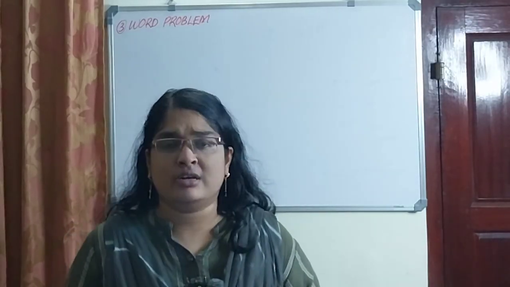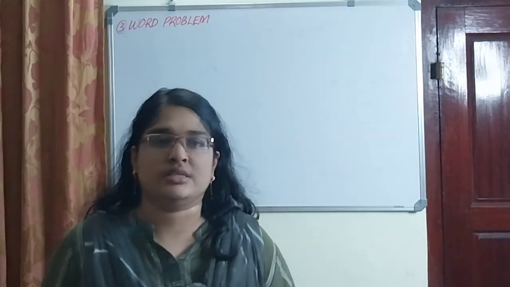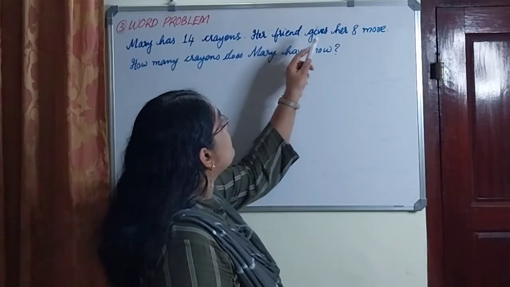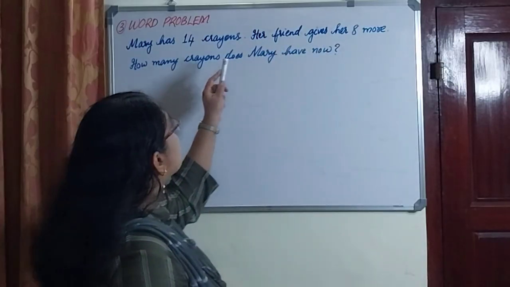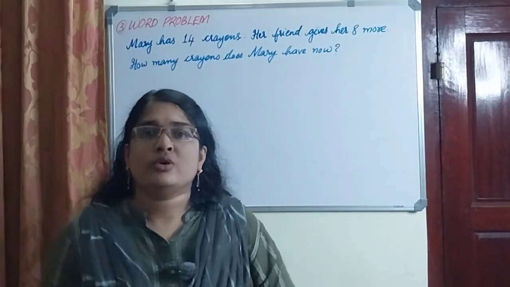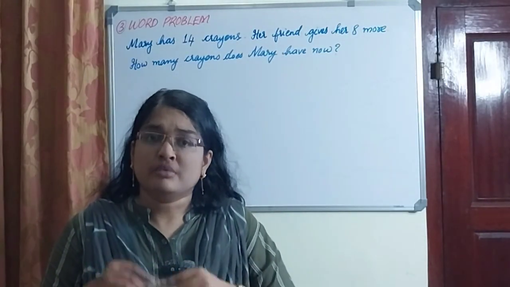Next, let's see how to read and solve a word problem. Here we are taking a simple word problem that involves addition. Here is a question. Mary has 14 crayons. Her friend gives her 8 more. How many crayons does Mary have now? When you get a question like this, first of all, you have to read it thoroughly and understand what it means word by word.